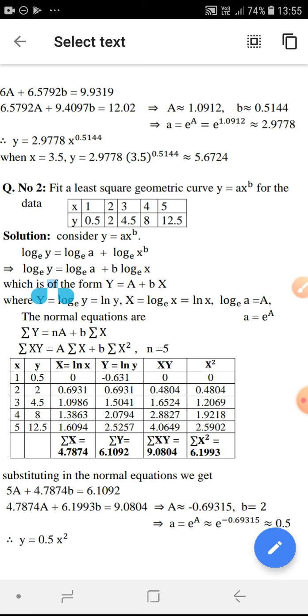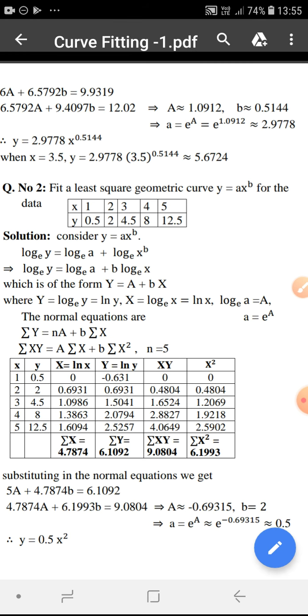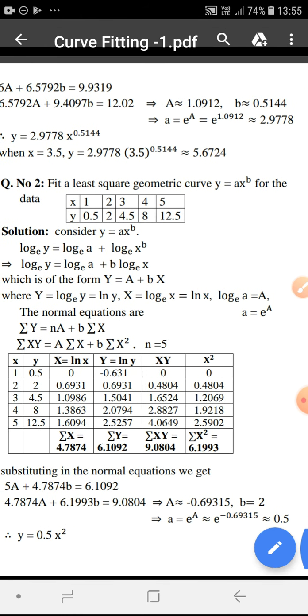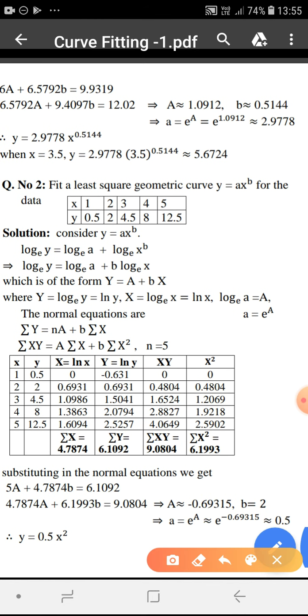So reduce this equation to the equation Y equal to capital A plus b into capital X, the equation of a straight line. For this we take log on both sides to the base e.